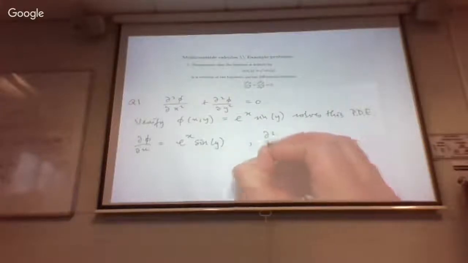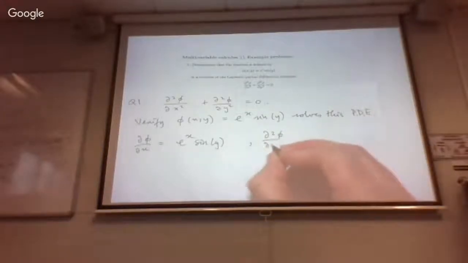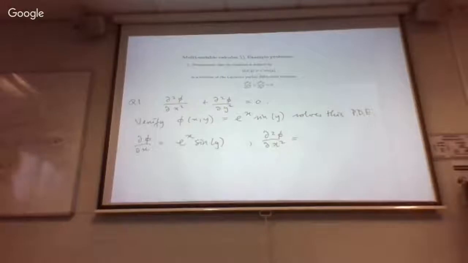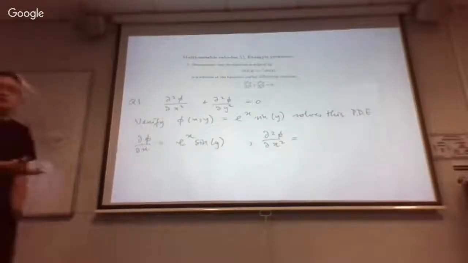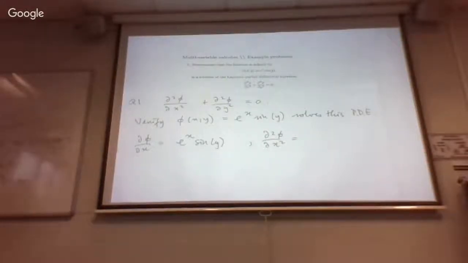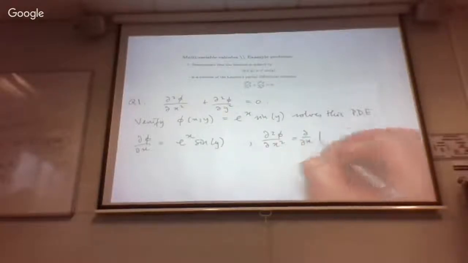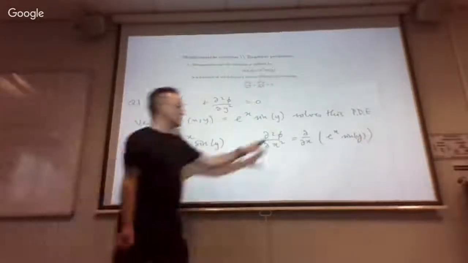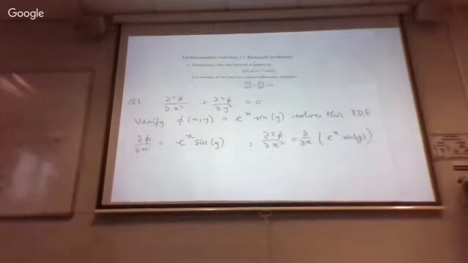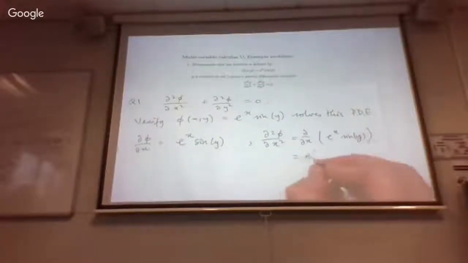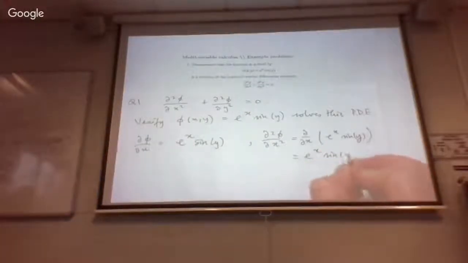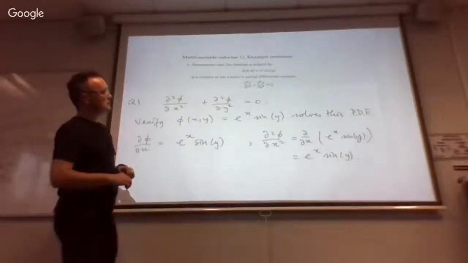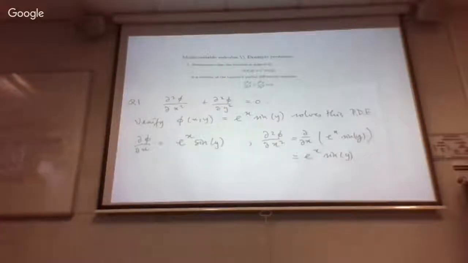And indeed, if you differentiate it again with respect to x and nothing changed, you're still going to see, here we're doing d dx of e to the x sine of y. So you take the x derivative and you differentiate it again with respect to x. But again, that isn't going to change. So there's the first part of the PDE, d2 phi dx squared.